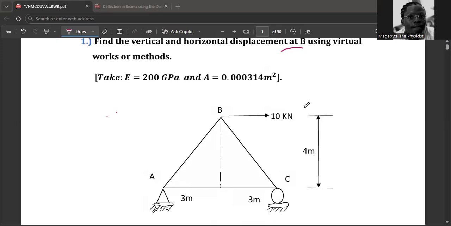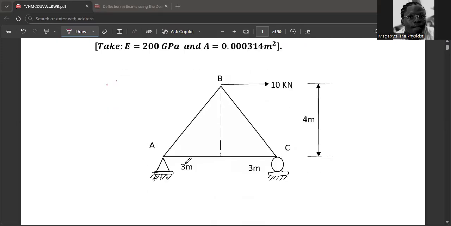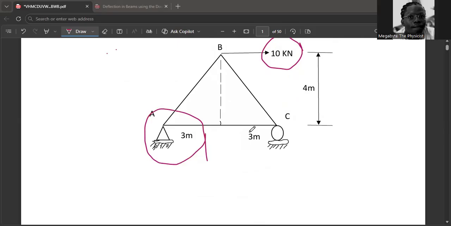This is our truss, with a total span of 6 meters, supported by a roller at one end and a hinge at the other end. It has a height of 4 meters and a load of 10 kilonewton. This 10 kilonewton is an external load. We are now supposed to discover the internal loads in the roller and the hinge support so that we can use them to calculate our deflection.